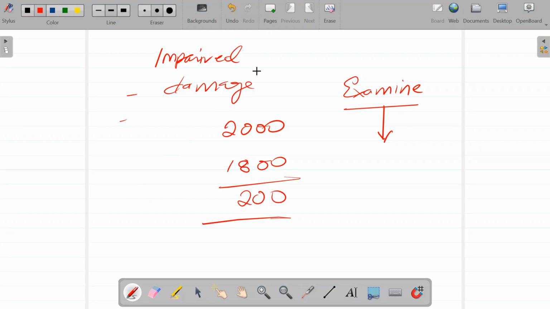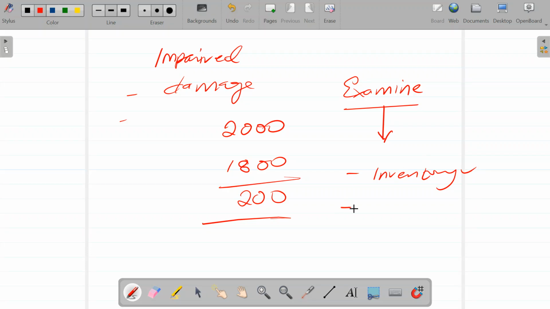Now this standard does not apply to all assets. It mostly applies to non-current assets like tangible assets. It does not apply to inventory. Even though inventory is an asset, the standard doesn't apply to it.